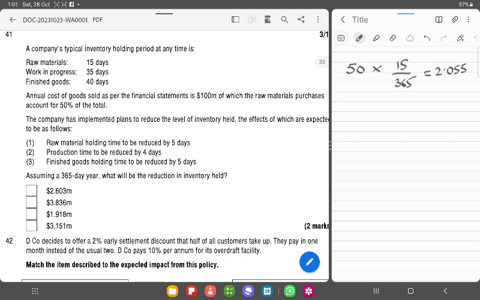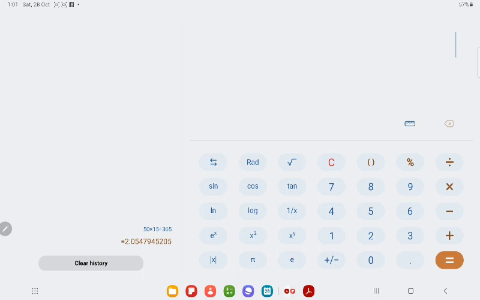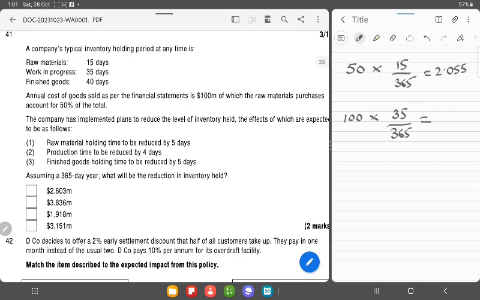Now next, the work in progress is 35 days. The cost of sales is 100 multiplied by 35 divided by 365. So the value of inventory in work in process is 9.589.